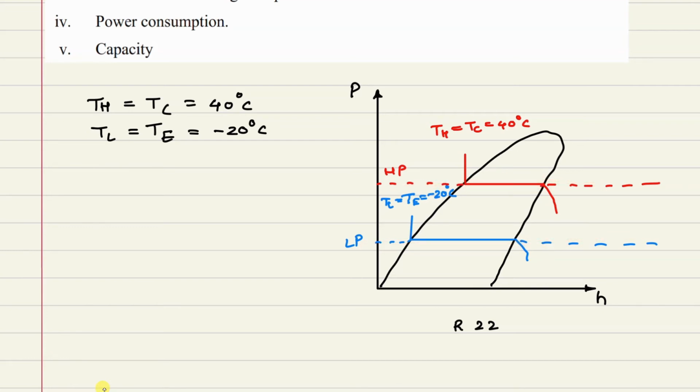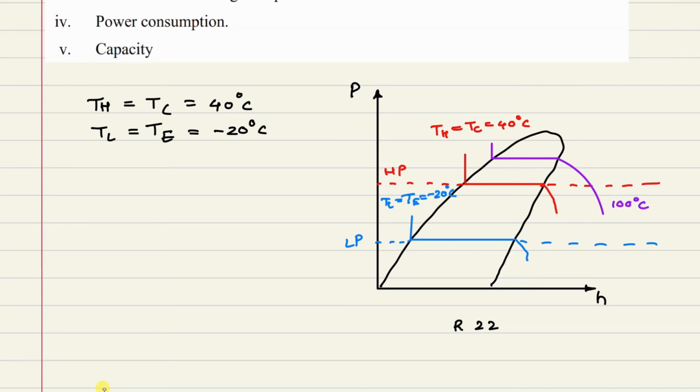If you see point 2, what is the temperature given? Compressor outlet is given as 100 degrees. So this is 40, I'll draw 100 degrees now. Suppose this is 100 degrees Celsius. This curve is the 100 degree Celsius curve.